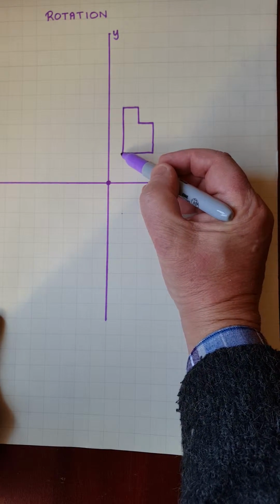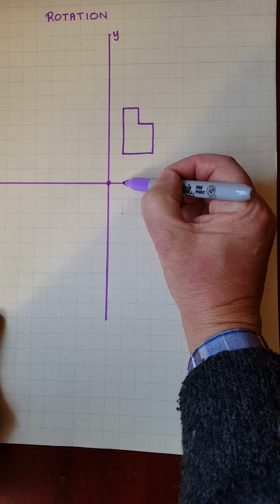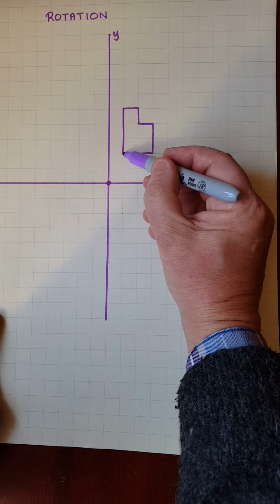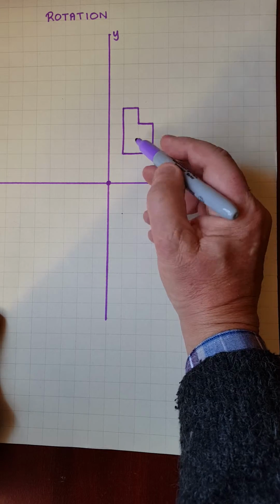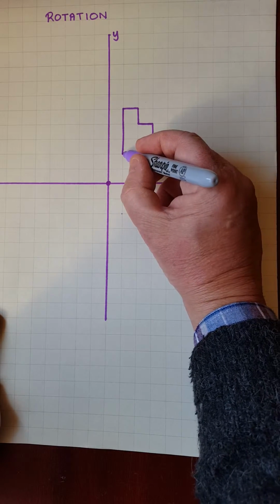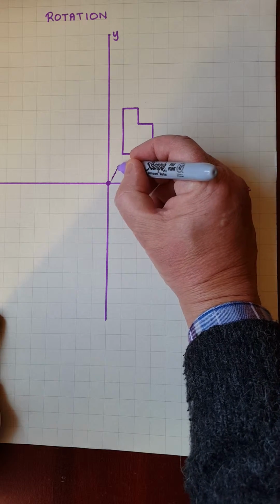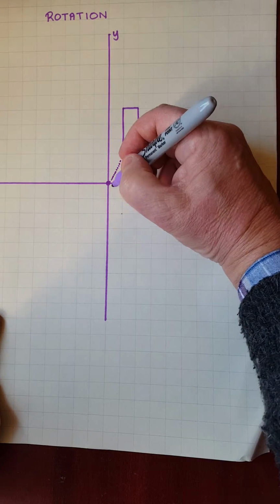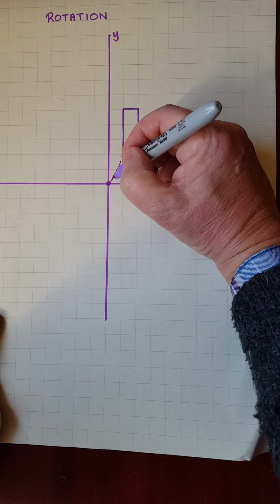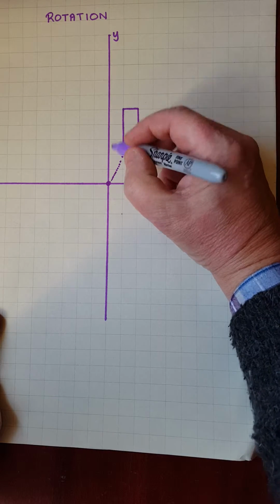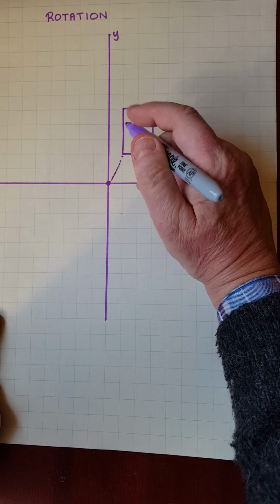Where do we begin? Well, on this origin part, let's take a look at it. We went 1 along and 2 up. So if I'm going to rotate it around there, I need to think, where would that go if it was going to be turned 90 degrees, and it's crossed only 1 square there but 2 squares in height.